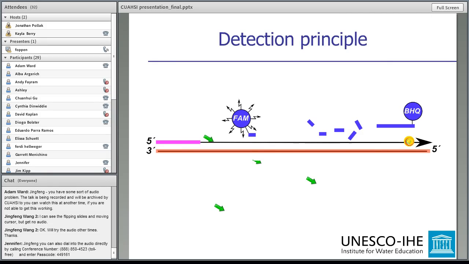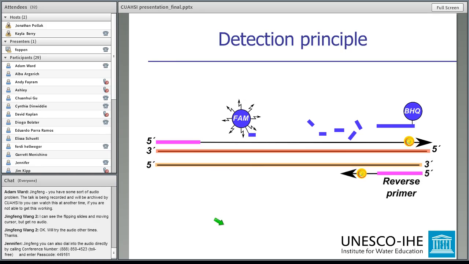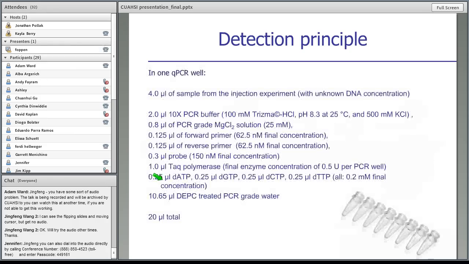After some time, my duplication is completed, and then I also need a reverse primer to duplicate my strands in this direction.